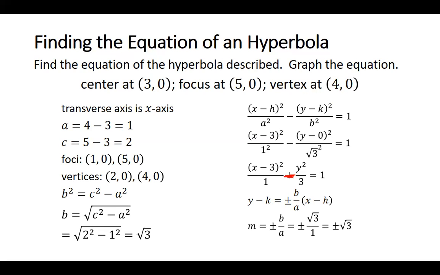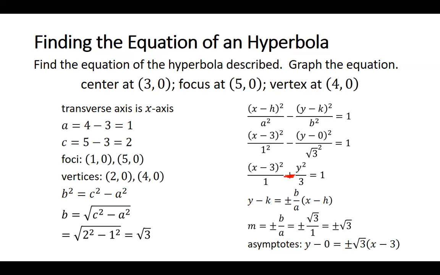So the slope, m, is equal to plus or minus b over a, which is equal to plus or minus the square root of 3 over 1, because remember, a is associated with the first rational function, so that's going to be on the bottom. So square root of 3 over 1 is plus or minus the square root of 3. So the asymptotes are going to be at y minus 0 is equal to plus or minus the square root of 3 times x minus 3.